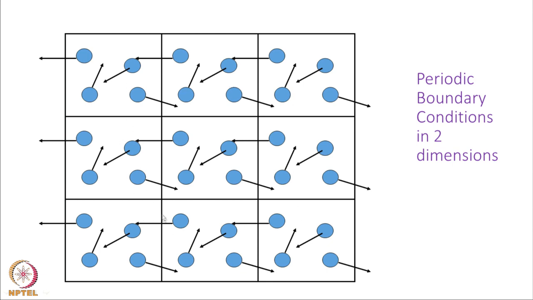Now, why do I surround this box on all sides by similar boxes? Because if I continue this repetition in all directions, I have an infinite system. An infinite system will really behave like a liquid, not like just a box. So, that is the meaning of periodic boundary condition. The meaning of periodic boundary condition is that whatever happens in this central box is repeated in all other boxes.